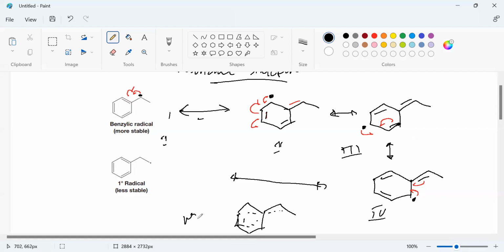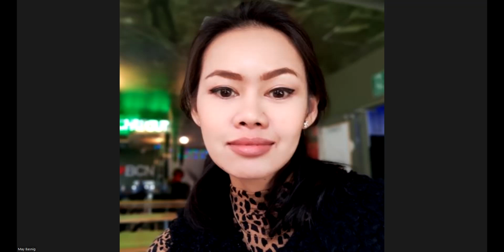Okay, this is your resonance hybrid. And so you can see that there is greater stabilization with our benzylic radical.